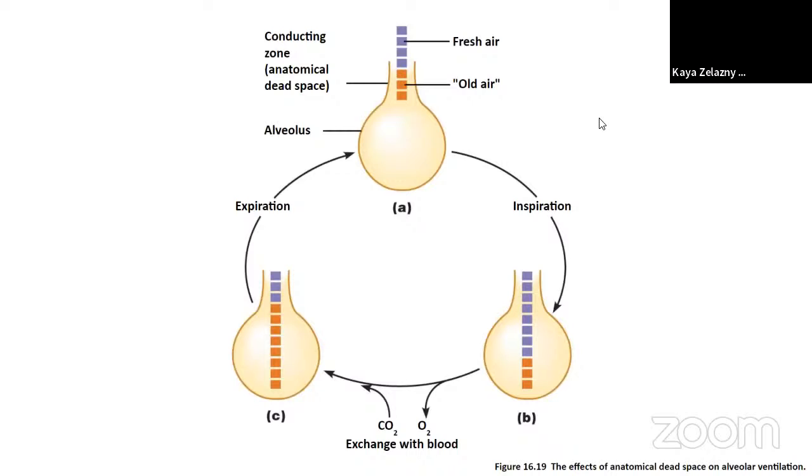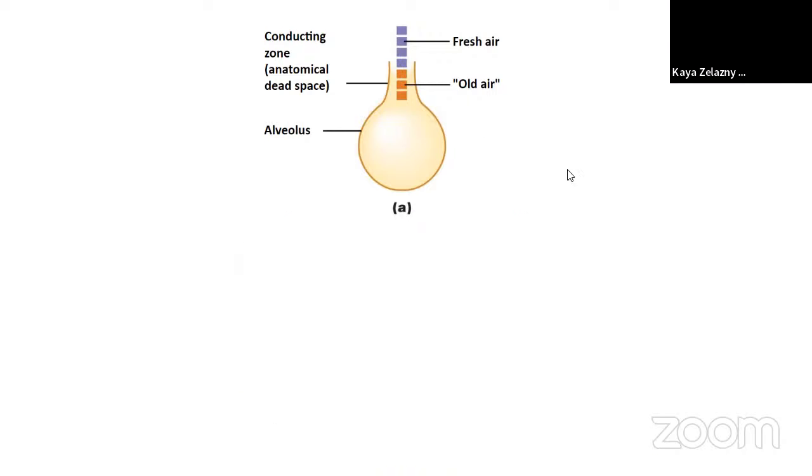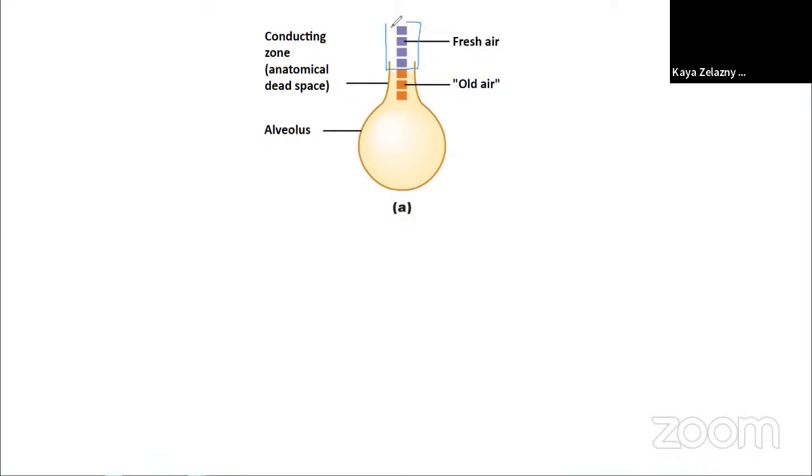So in sort of picture version, what we have happening here is showing you the cycle of air movement into an alveolus. That's the yellow. We'll go through it in steps. Here we see in purple at the top, we have fresh air, and inside the alveoli, we have our old air.